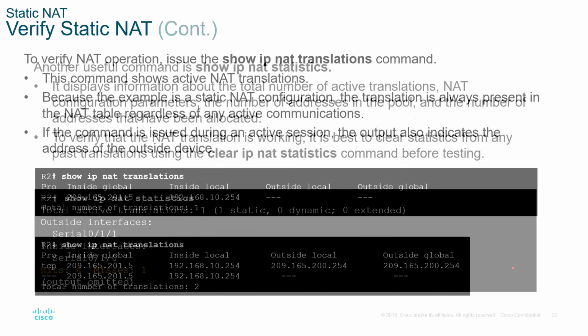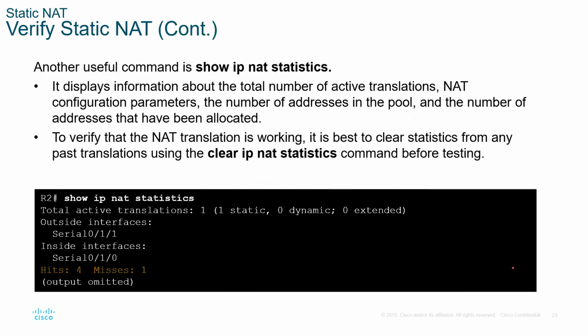Show IP NAT translations. The other one we have is show IP NAT statistics. Like how it's defined, it gives us the statistics. You can see hits or misses. Hits is probably how many addresses have been translated. Misses, addresses not translated. It also gives us information about the type of translations that we have.